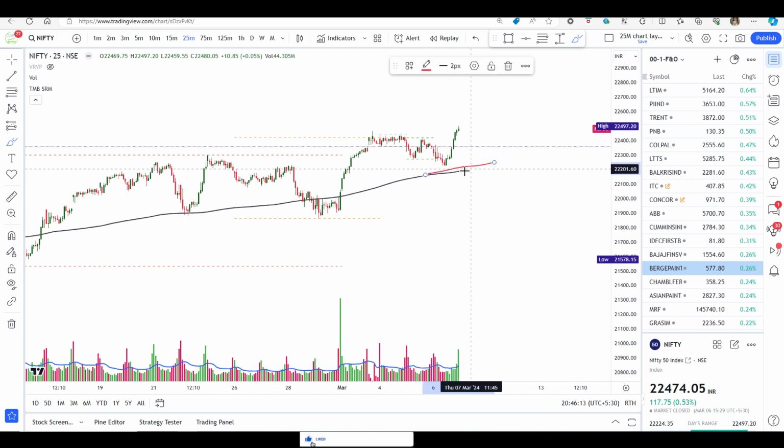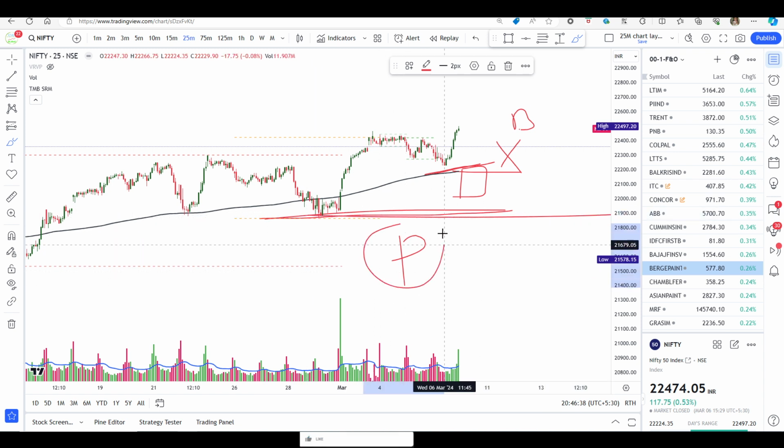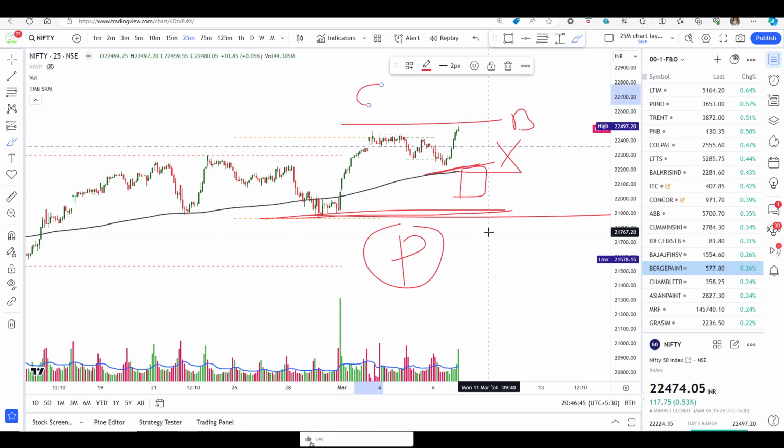The moment the market closes below this 200 moving average, and it should break the previous low. Once the market closes below the 200 moving average and breaks the previous low, you consider it a bearish market. Start selling the call option freshly.